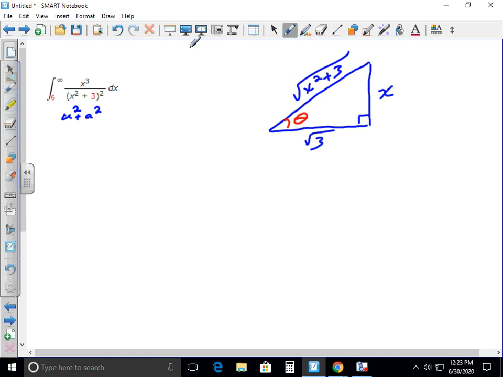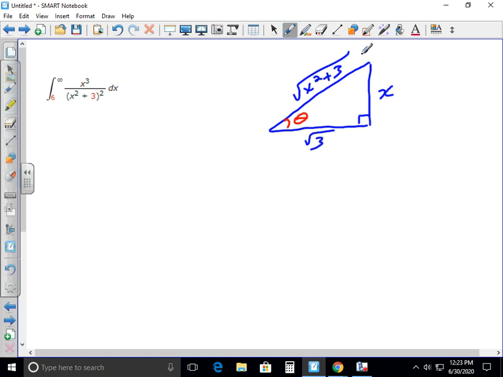So that general triangle that we've talked about in that substitution section, if we have a u squared plus a squared there, if u is there, a is there, then the square root of u squared plus a squared is there. So we can use this to determine our substitutions.